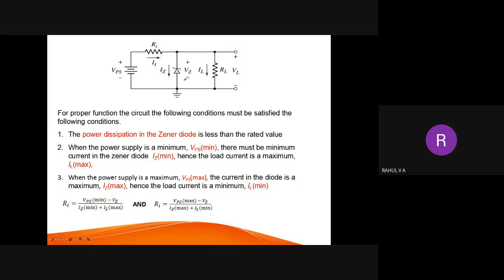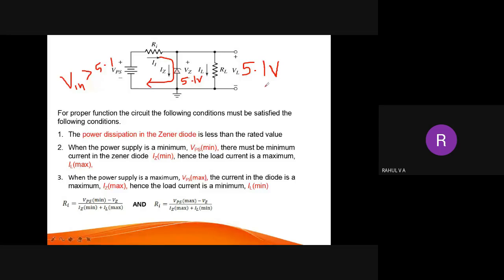If I am selecting a Zener diode of, for example, 5.1 volt, and my input voltage is greater than 5.1, that means this Zener diode will be in the Zener breakdown region, and at that time current will flow through this Zener diode and an output voltage of 5.1 volt will be maintained at the output terminal.